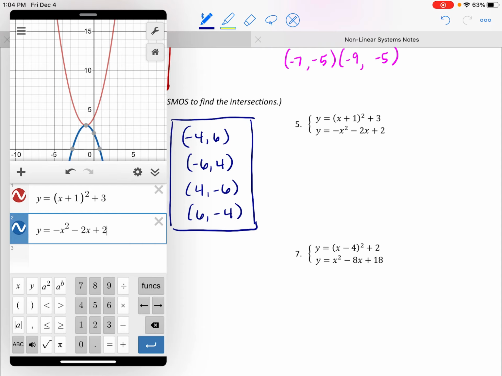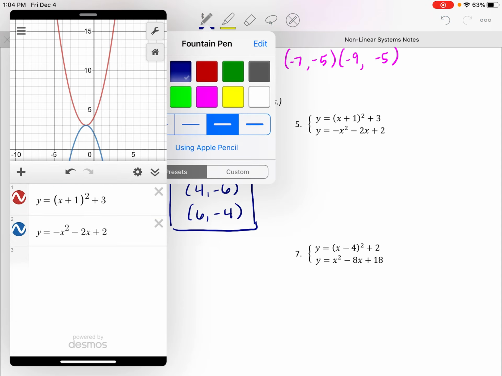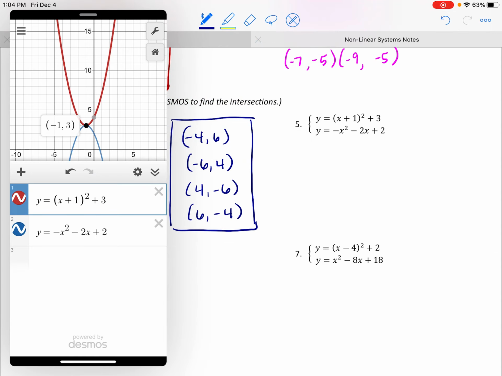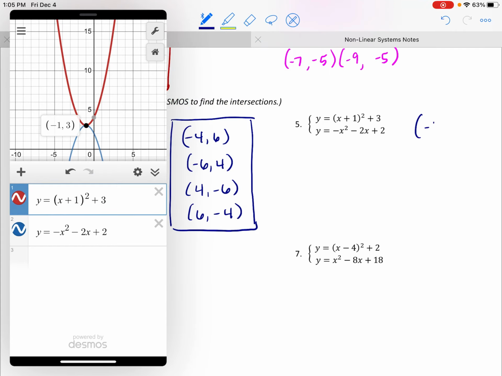So here our picture is two parabolas that are intersecting at their vertices at negative 1, 3. So this solution is at negative 1 and 3.